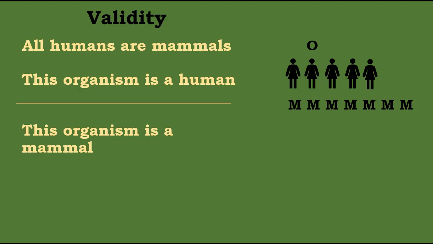So we can conclude that this organism is a mammal. So this is a valid argument. As I said, there are more formal ways of doing that, but this is the way humans tend to solve these problems when they don't have knowledge of logic. Okay, so this is a valid argument.